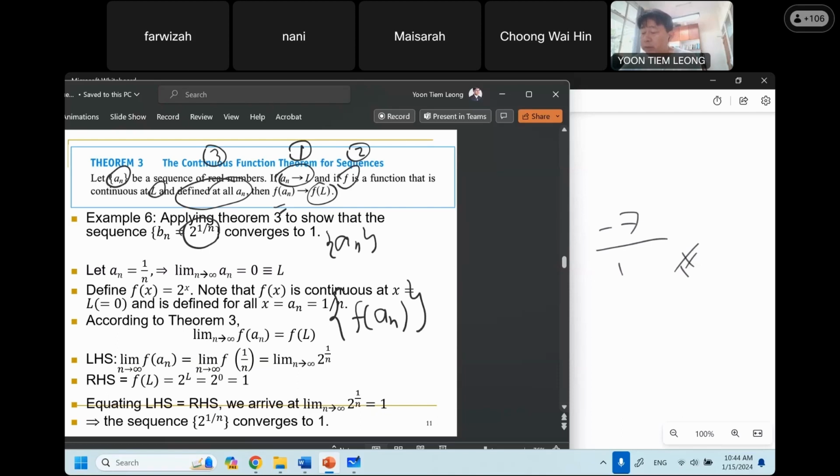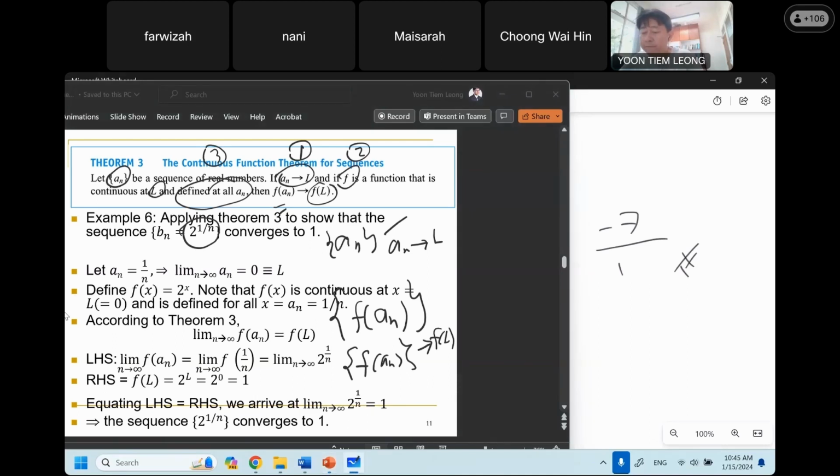So there are two sequences involved here. First is the original sequence a_n, and you know the limit of the sequence a_n. And you are asked to calculate the limit of the sequence f of a_n. The limit of the sequence f of a_n is simply equal to f evaluated at L.